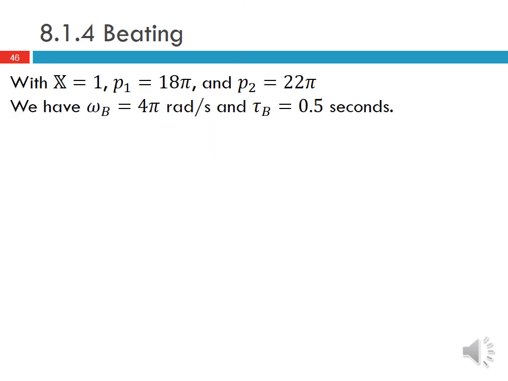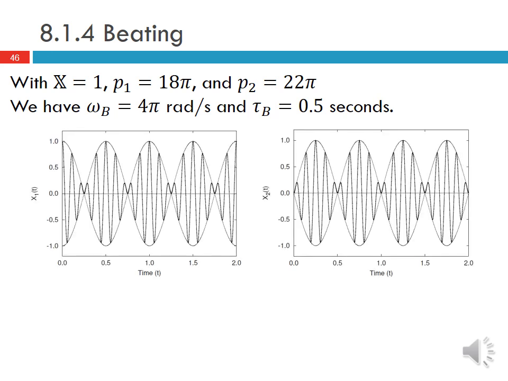So let's put in some values to see what this looks like. With these values, we would get a response that looks like this. This is showing x1 and x2, and you see we get this combination where we've got this high frequency component, and then the amplitude of it varies at this much lower frequency.